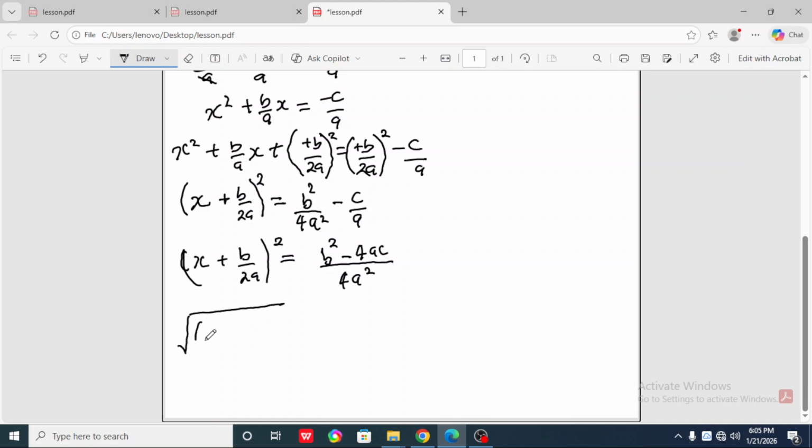So we have x plus b over 2a, then squared, equal to, we find the square root of these two, square root of b squared minus 4ac everything over what? 4a squared.